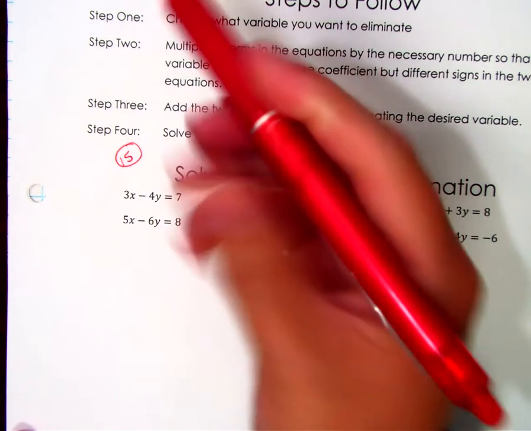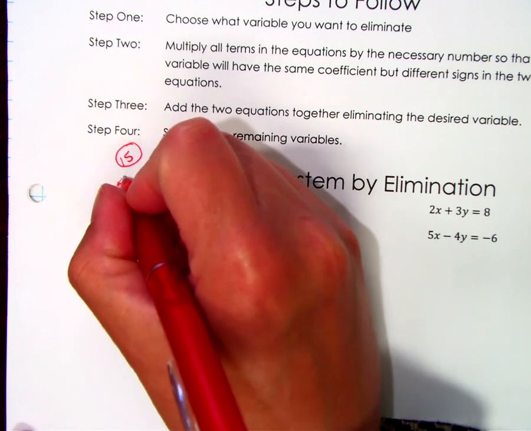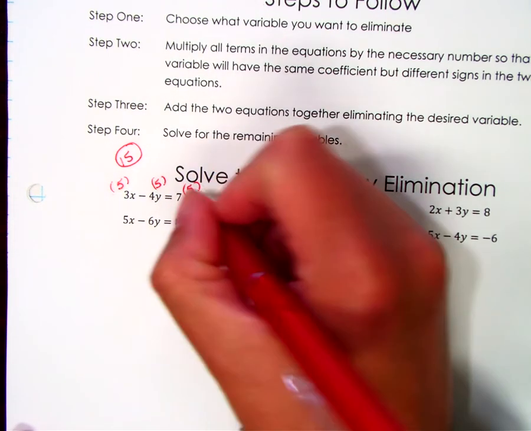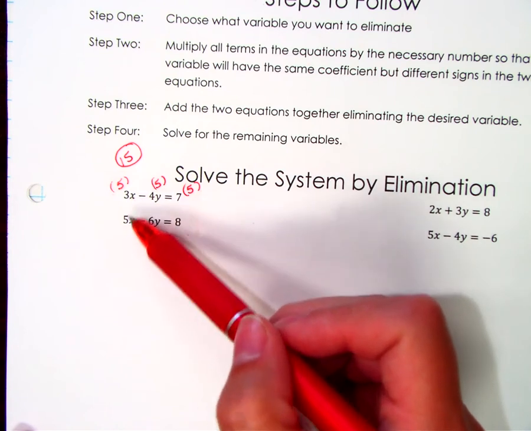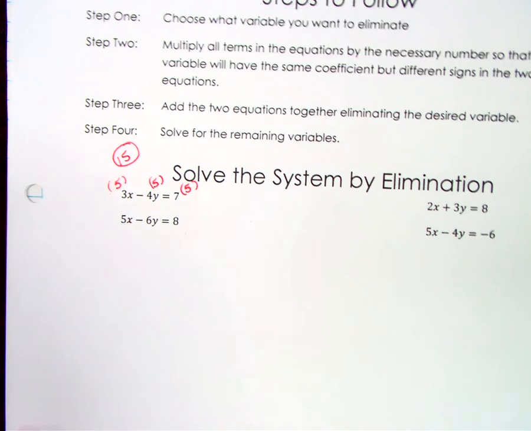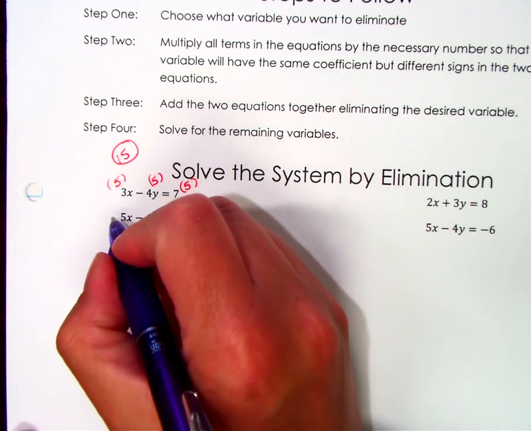Because we're just really worried about the x, but if we do it to this one, we have to do it to all the terms. Because we need the x's to have the same coefficient. So this one we're going to times by 3.